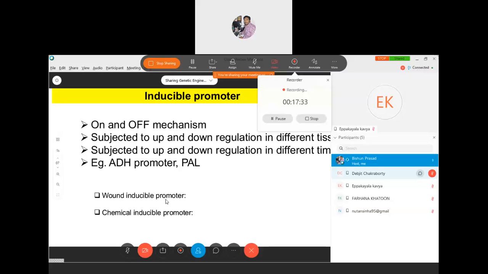So if you clone your defense gene under the wound inducible promoter, then when an insect starts feeding, the gene cloned under the wound inducible promoter will get expressed, and you will get the resistance against the insects. Okay, clear? So the wound inducible promoter will let your plant fight against insects and pests whenever it is required.